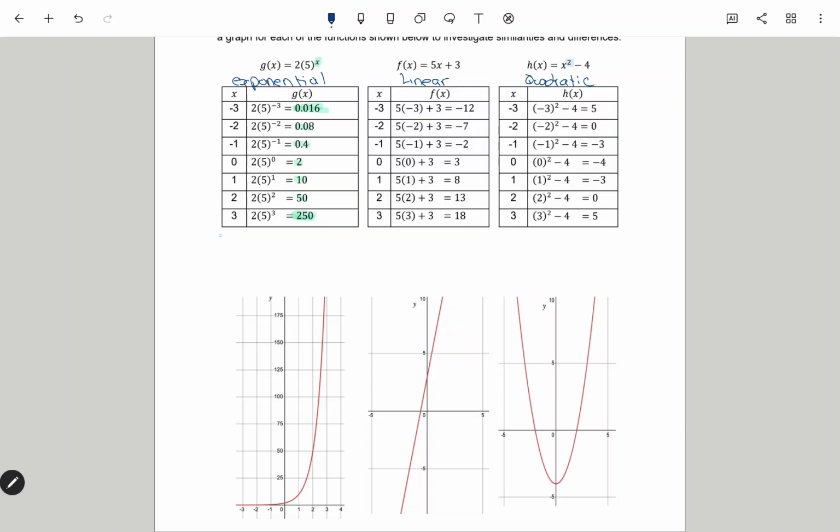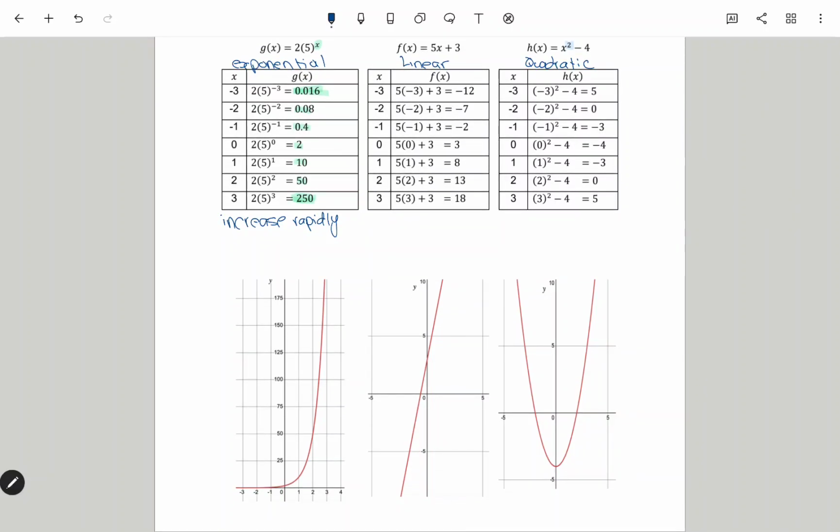So in exponential functions, our y values increase rapidly. If we go from really small to really big really quickly, we know that we have an exponential function.